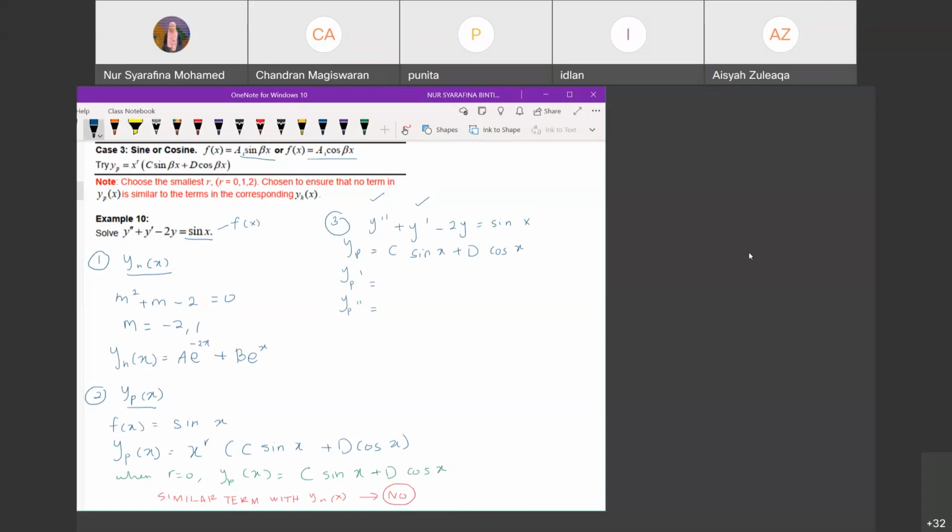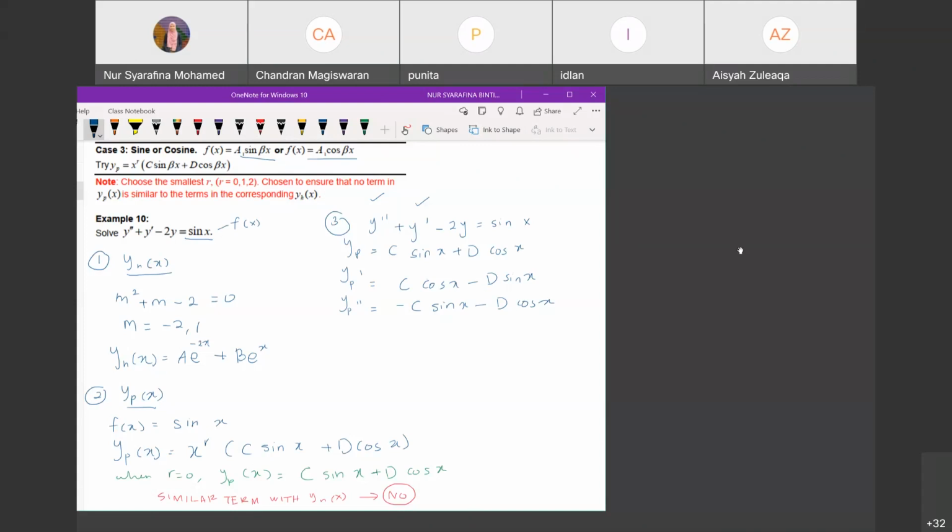Okay, so yp prime is C cos x minus D sin x, and yp double prime is minus C sin x minus D cos x.